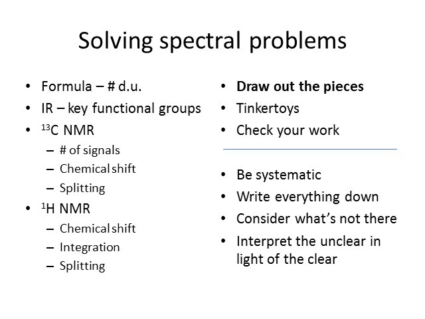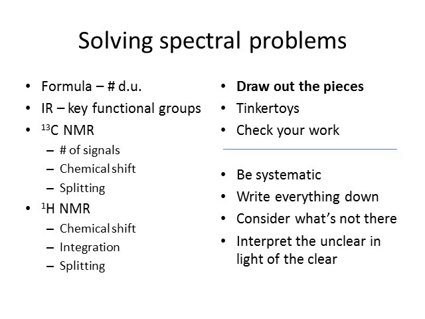Now, the way I approach spectroscopy is by being systematic. I look at each thing in turn. If I had a formula, I would start with the formula. In problems in class, we're always going to be given the formula. If you didn't have it, you'd have to have other information that would give you the formula. But from the formula, I can figure out how many degrees of unsaturation I have, rings and/or pi bonds.